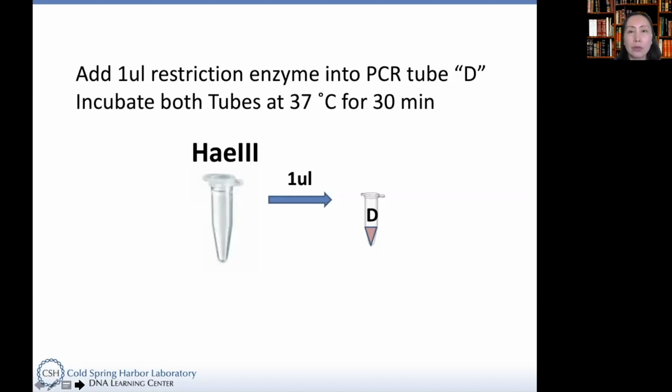Okay, I'm going to show you how to do this step now. All right, so I'm going to transfer 10 microliter of the PCR product into a new tube. To do that, I will use this green micropipetter again, and the maximum volume this one can transfer is 10 microliter.